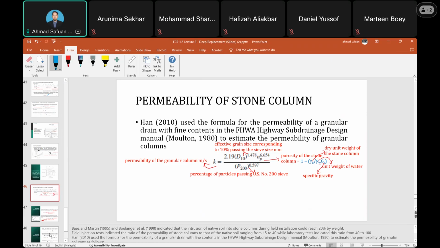All of this information will be given for you to get the K value, but you need to know how to use the value. And the magnitude is in meters per second. All right, so that is for the K.